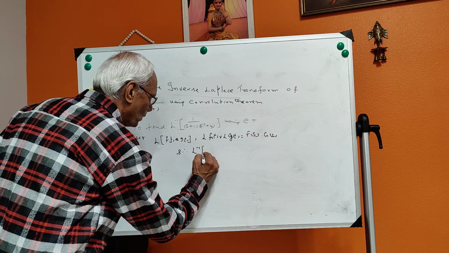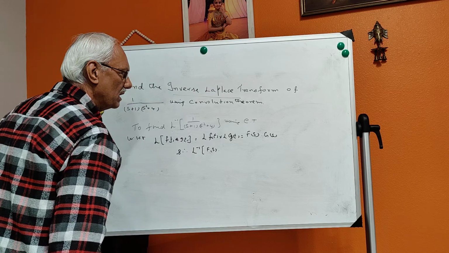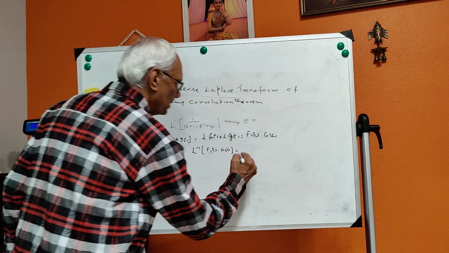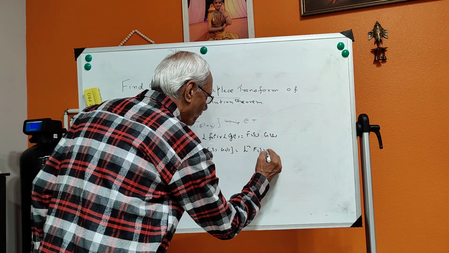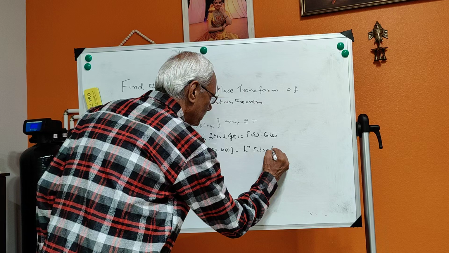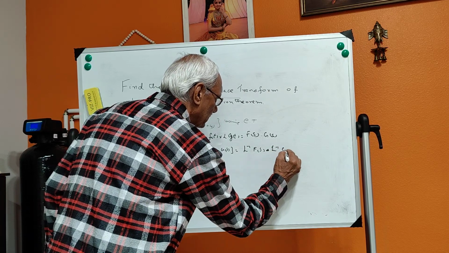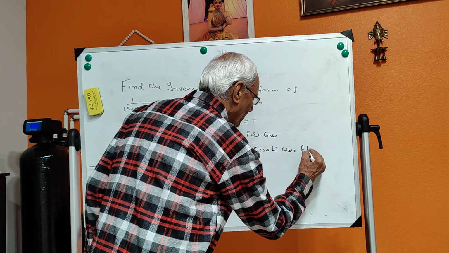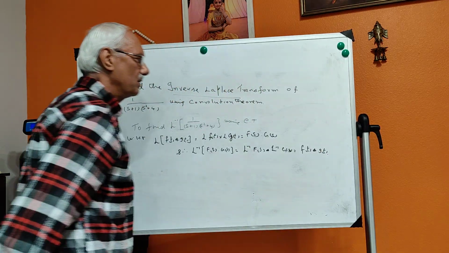Therefore, L minus 1 of f of s into g of s is equal to L minus 1 of f of s convolution L minus 1 of g of s, that is equal to f of t convolution g of t.